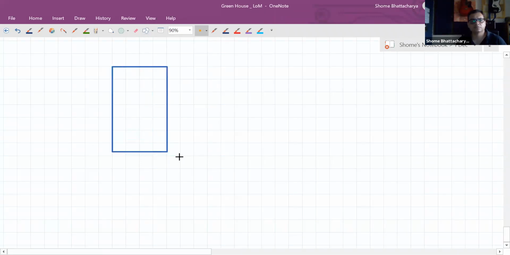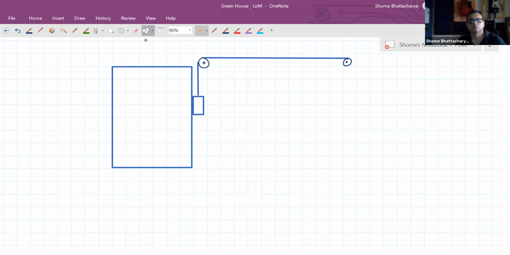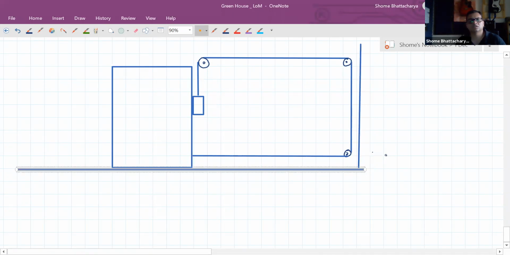So see, if at some point of time, this is the arrangement between the two blocks, so this is the situation at some instant.